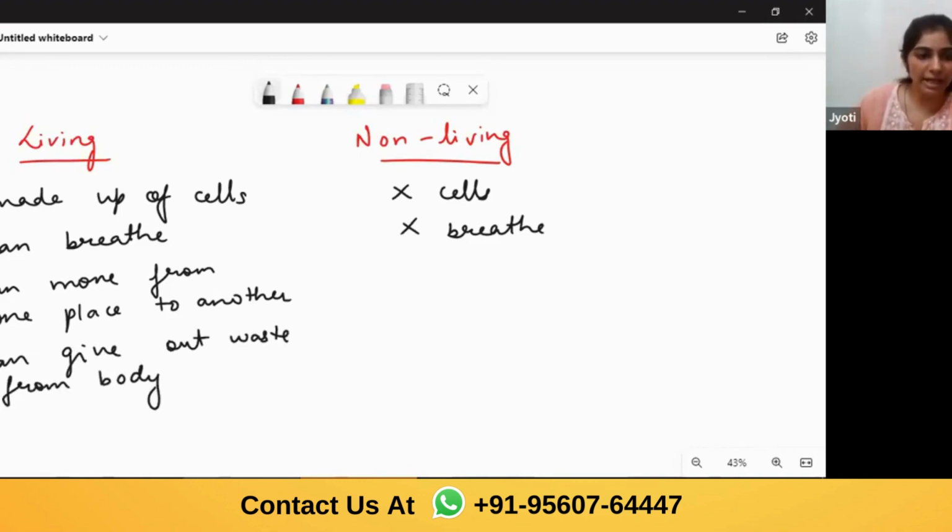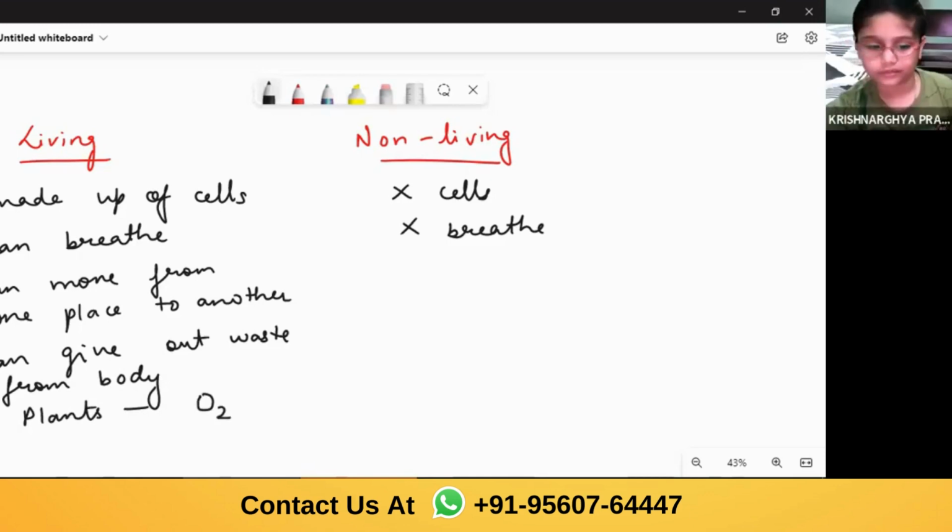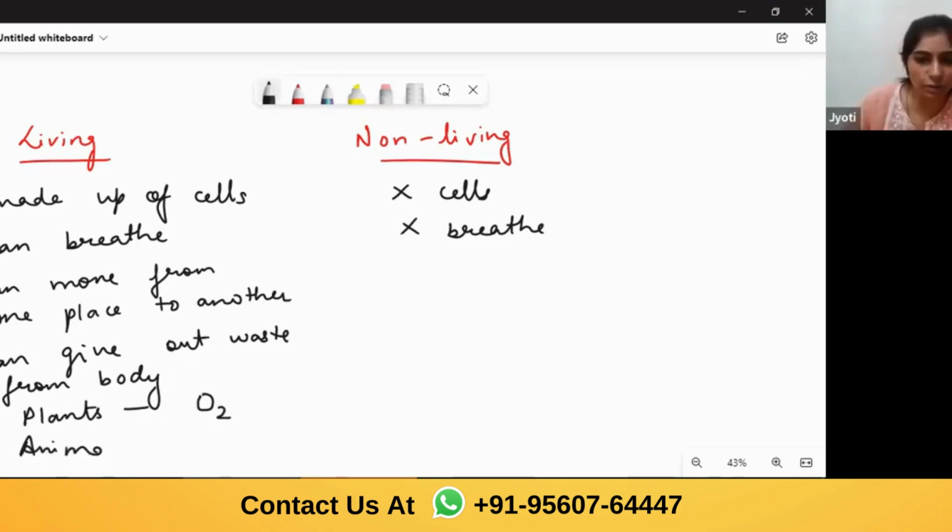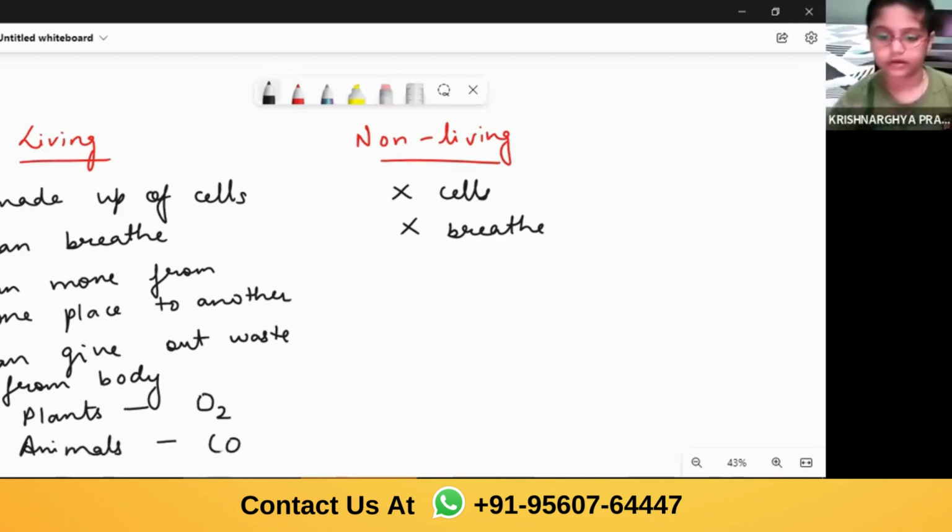For example, in plants the waste given out is oxygen, and in animals it is given out as carbon dioxide.